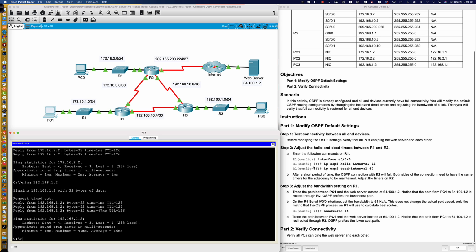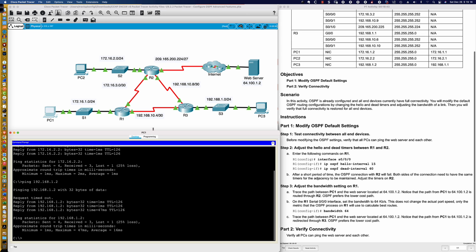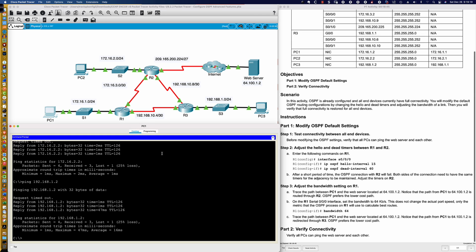Now, I know that some of this is going to be due to the limitations of Packet Tracer. Again, Packet Tracer is software, and it is great software, but it is limited in the features, the IOS and IOS XE feature sets that it supports. So let's dive in here.